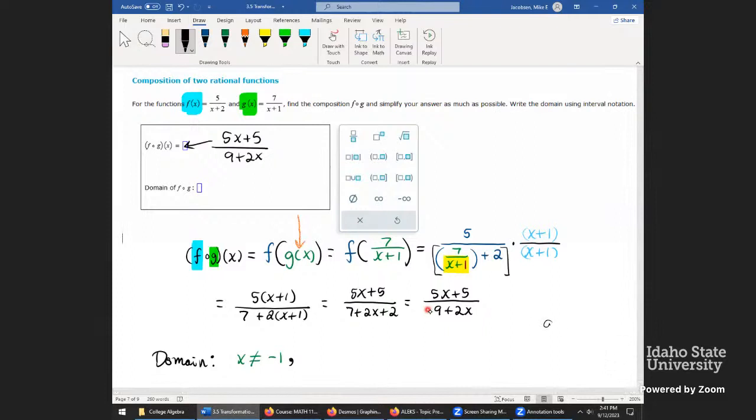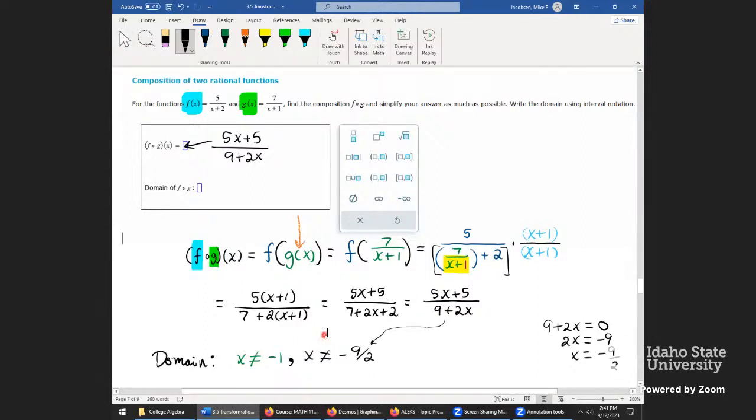So we have to take 9 plus 2x, set that equal to 0, and that's our second excluded value coming into this problem. So we can subtract 9, divide by 2, and now we can say x also cannot be equal to -9/2. Let me put just a little arrow here to indicate where that second value came from.